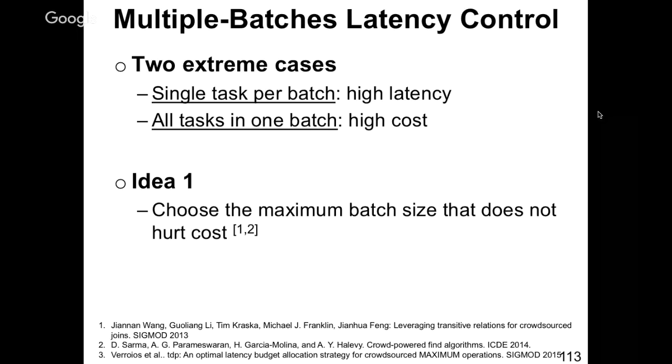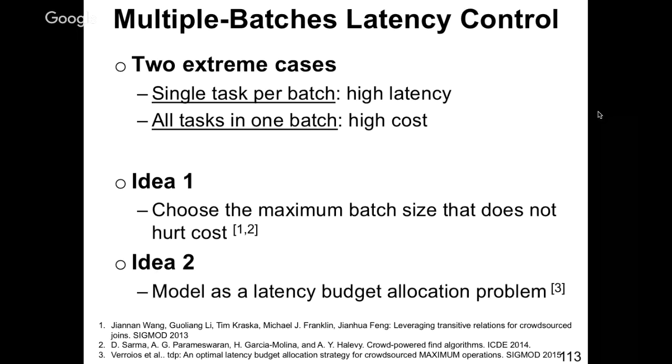Then you may have to adopt the second idea: can we model it as a latency budget allocation problem? Say you only have 1 hour to get all the tasks done. You model it as an optimization problem to decide how many tasks should be published at each iteration to minimize the total cost you spend. So those are the 2 ideas to reduce the latency.